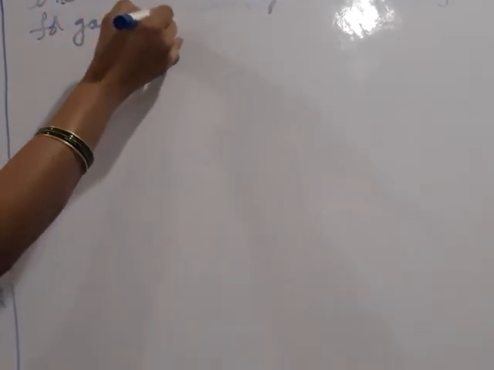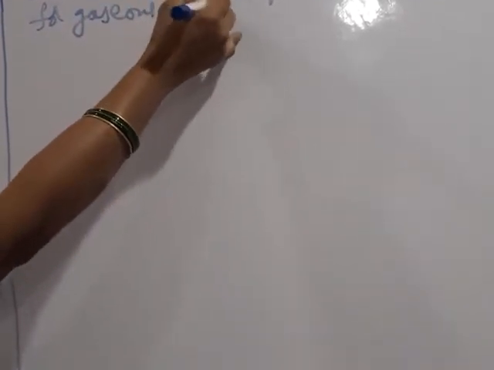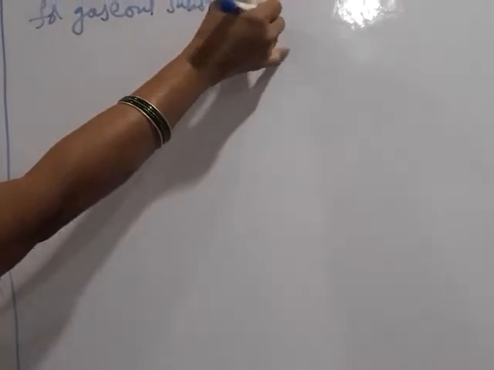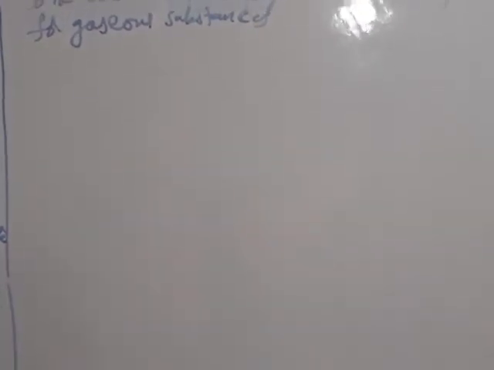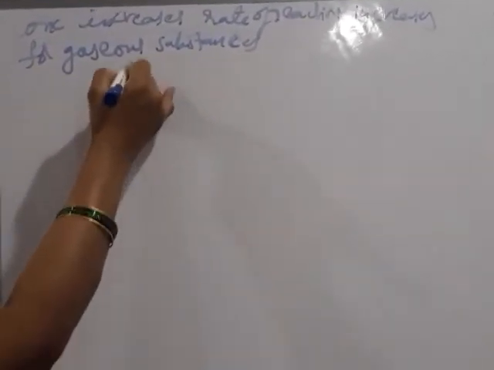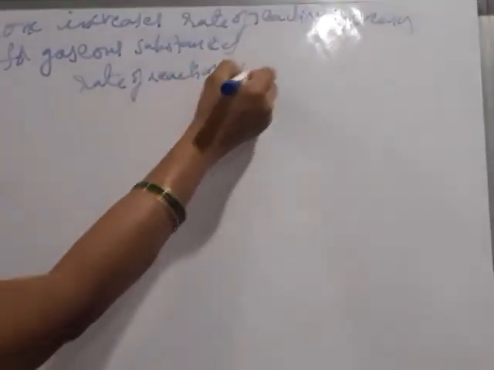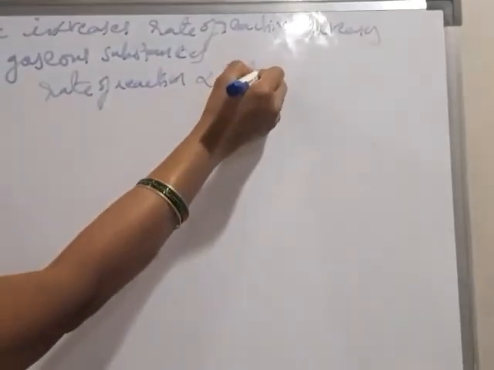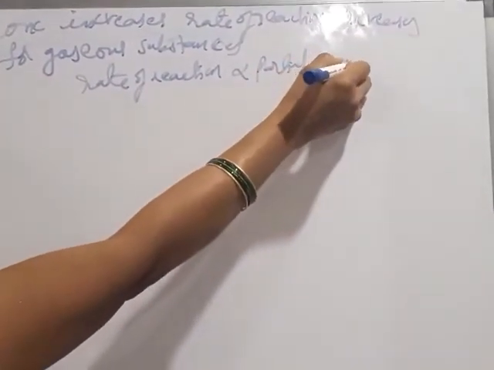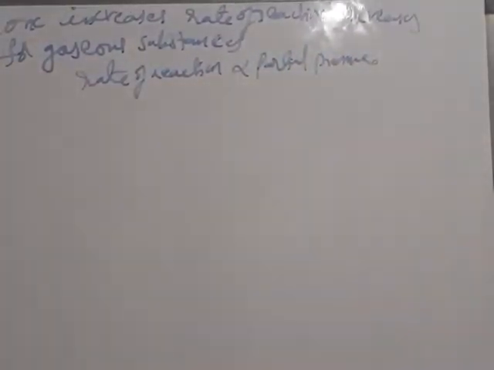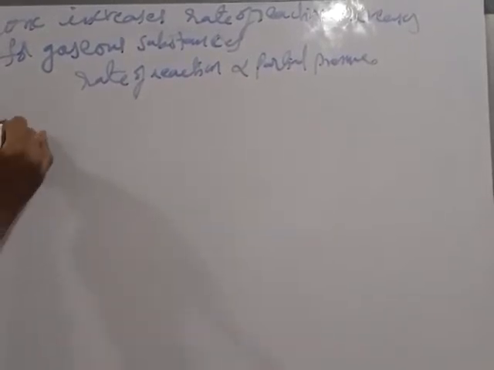Okay. So for gaseous substances, instead of concentration, we use partial pressure. So rate of reaction is directly proportional to partial pressure of gases. Okay. Next factor, temperature.